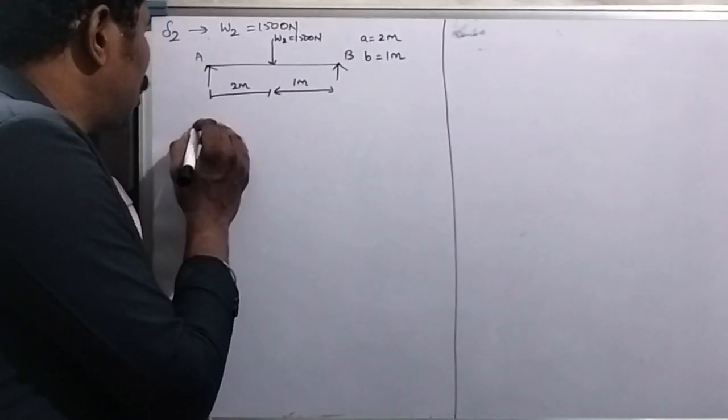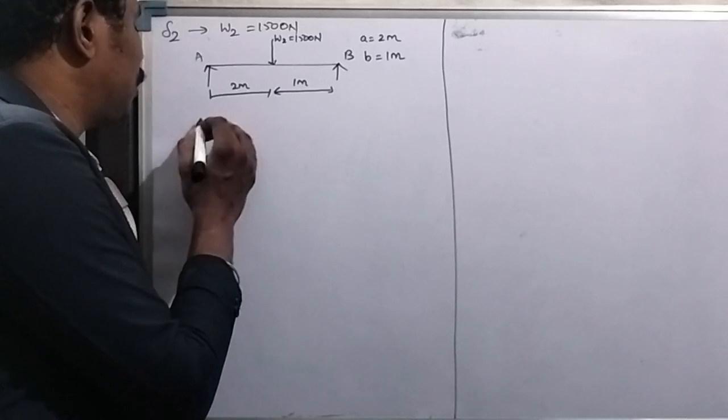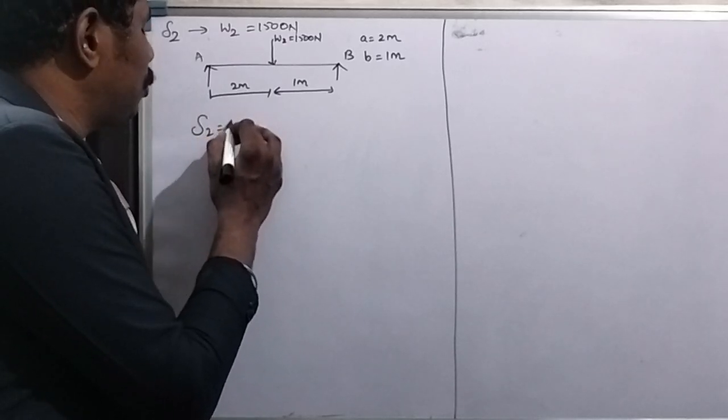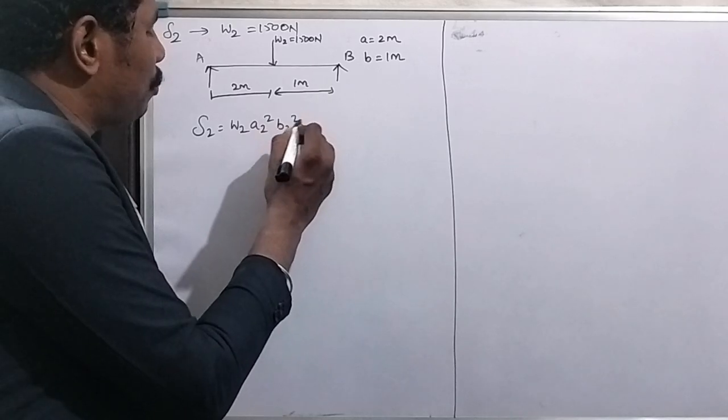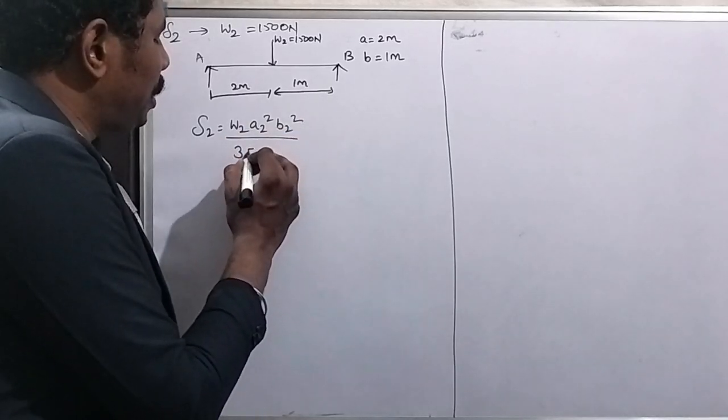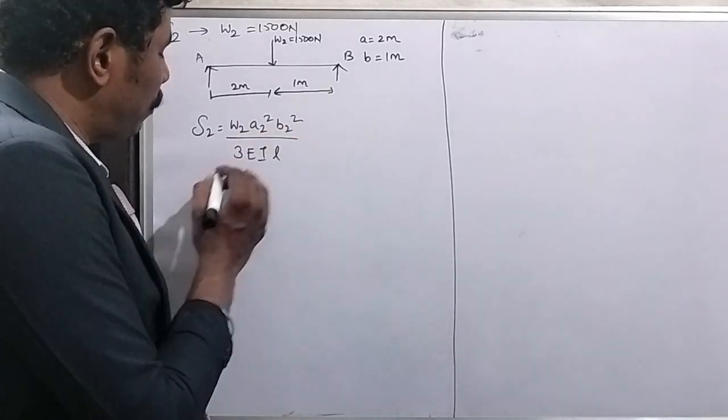So we know the formula. We are going to use the same formula, that is delta 2 will be equal to W2 A2 square B2 square divided by 3EIL. So we know all the values.